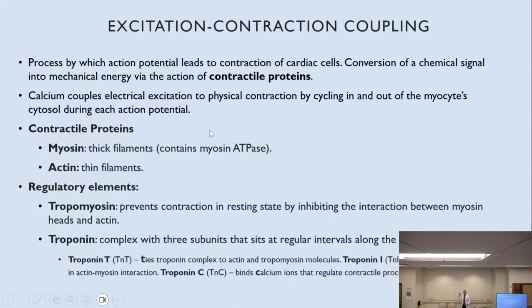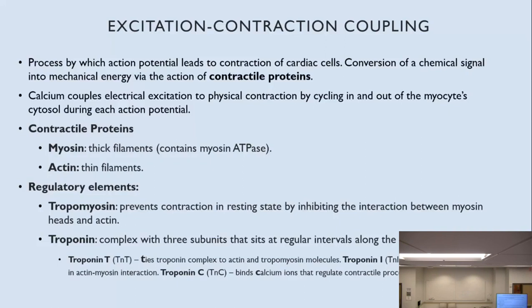If you have studied muscle contraction in the past, you will remember how calcium binds to troponin, and then troponin changes the configuration, moves tropomyosin from the place, and leaves the actin binding sites of myosin open.